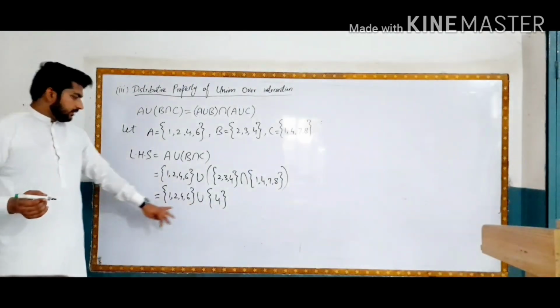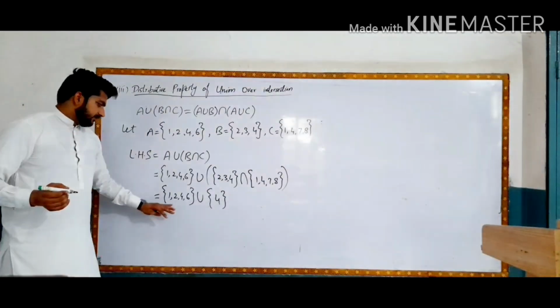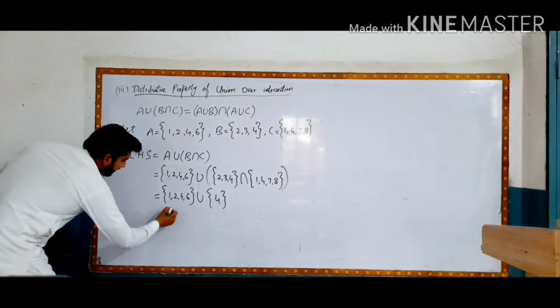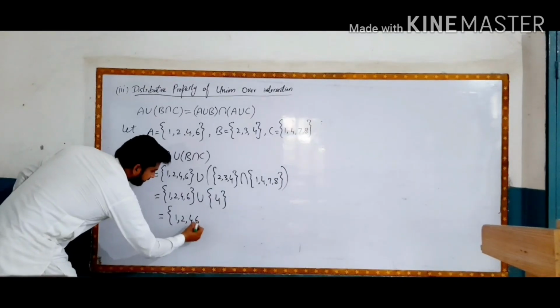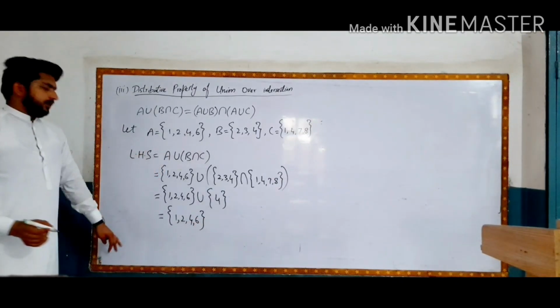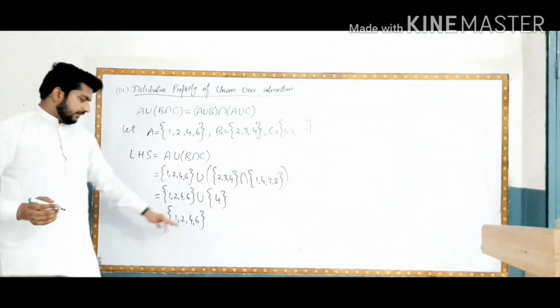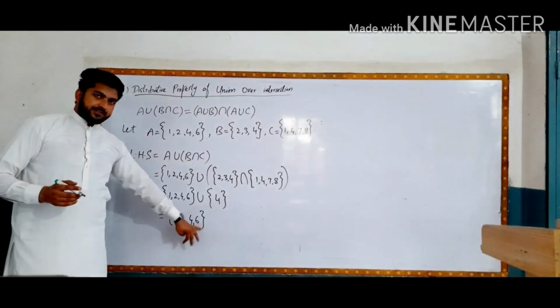Now we take the union of this element with the set A. After union we have the left side {1, 2, 4, 6}.